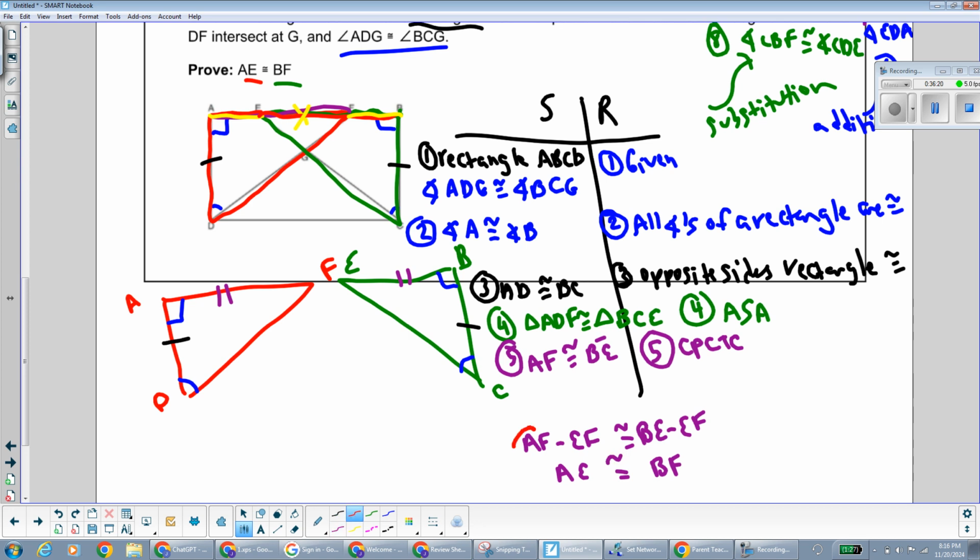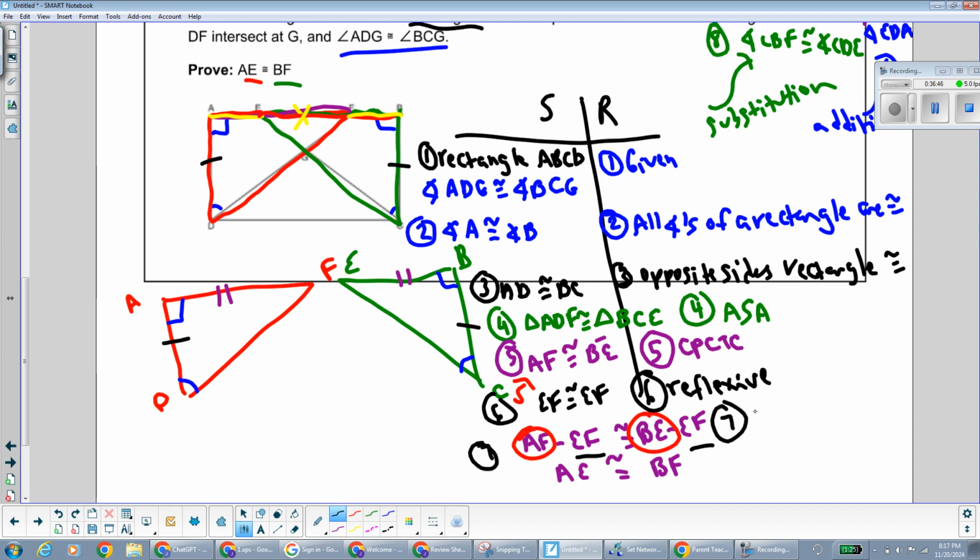For our subtraction to work, we have to be starting with congruent. And AF and BE are congruent because we proved it in our proof. We also have to be subtracting congruent. But we never said that EF was congruent to EF, so we have to put that in our proof. And that's due to the reflexive property. And that's necessary in order to make our subtraction valid.